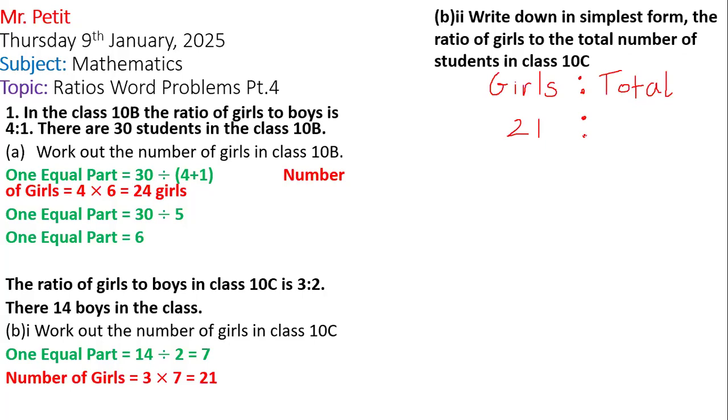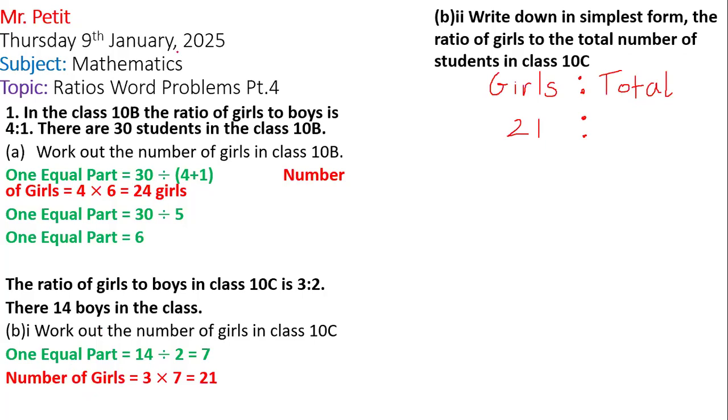I want Ajani to answer. What is the total number of students in the class for 10C? I'm going to ask Antoine. Antoine, what is the total number of students in 10C? Are you paying attention, Antoine?